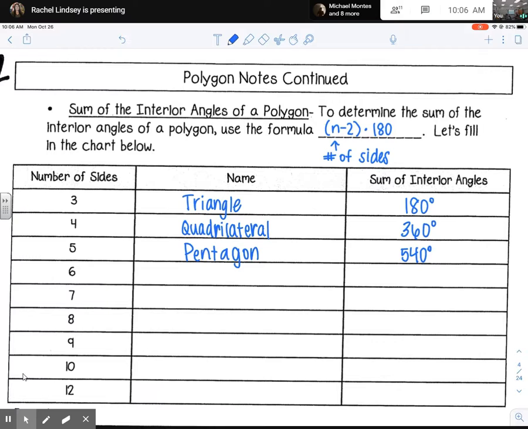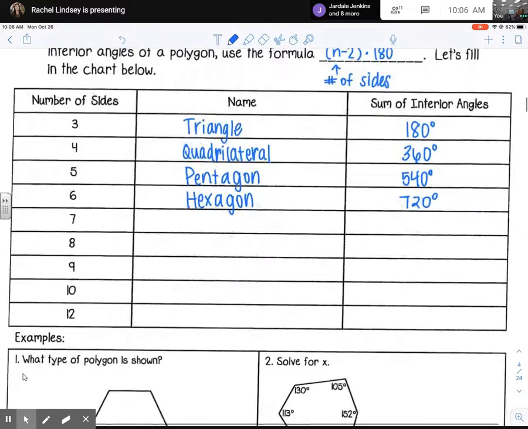What's a six-sided figure called? Hexagon. Okay, so 6 minus 2 times 180, so 4 times 180. 720. So a hexagon has an interior sum of 720.